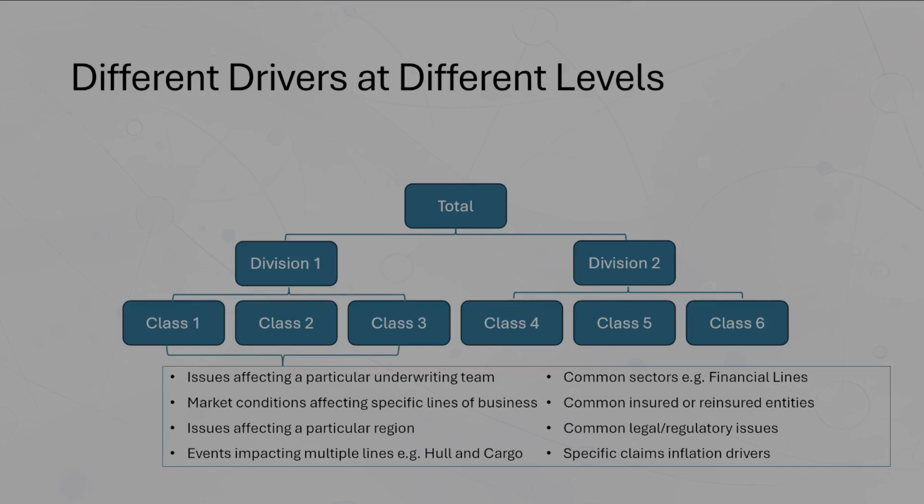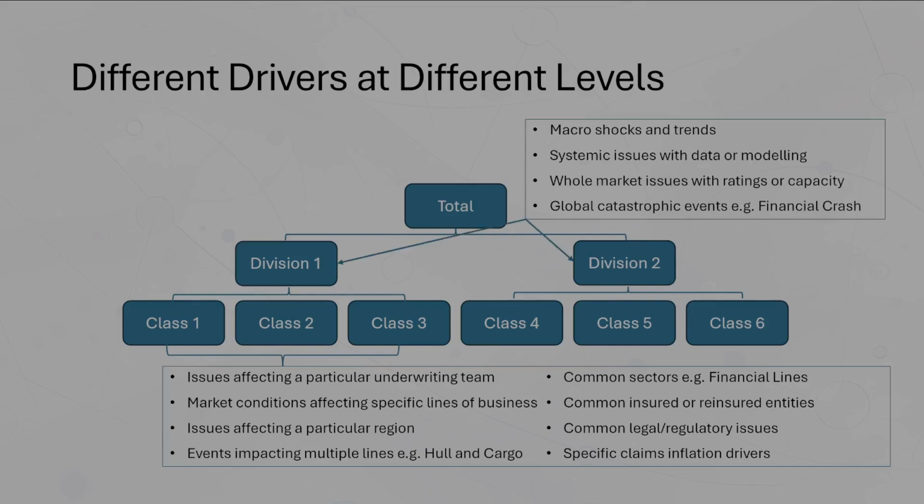But these can be quite small, like I say, idiosyncratic sort of risks, maybe affecting just a couple of classes. Whereas if you start thinking about a whole division going bad at the same time as a whole other division, what are the drivers that cause all of your property book to go bad at the same time as all of your specialty book?